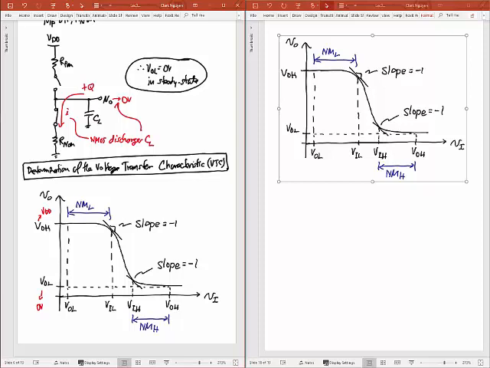The other things that I want to know about this is I want to know what VIL is and what VIH is. I know that VOL here already, output low, that's 0 volts. That's VDD. Okay. But I now need to know what VIL is and VIH is in order to determine this noise margin.